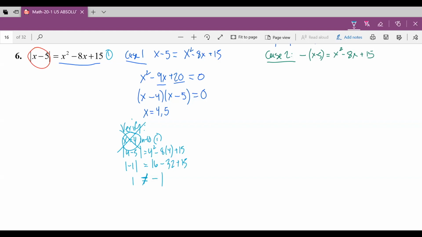Let's try substituting x equals 5 into the original equation 1. Way up here, here's 1. All right, well, what do we got?